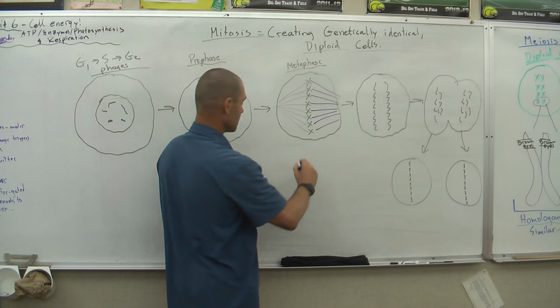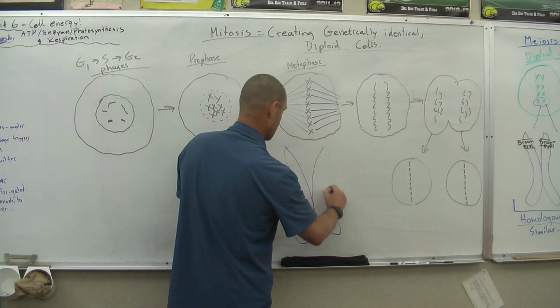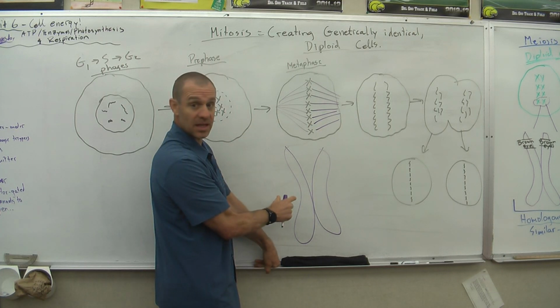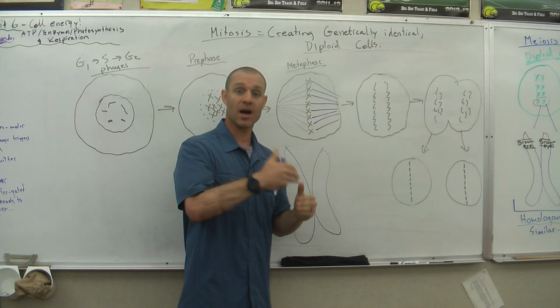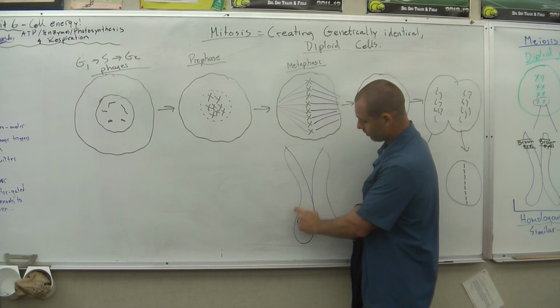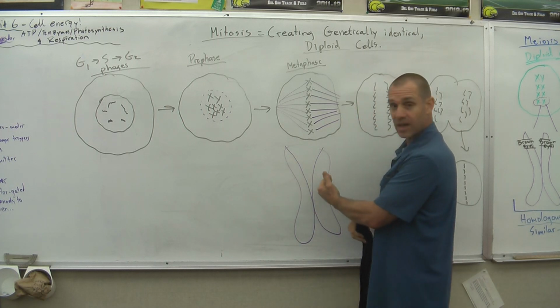Remember, this X represents 2 copies of the same DNA. Back in the S phase, we copied the DNA. Because before S phase, we only had one kind of chromosome. We had one copy of the DNA. We made a second copy.